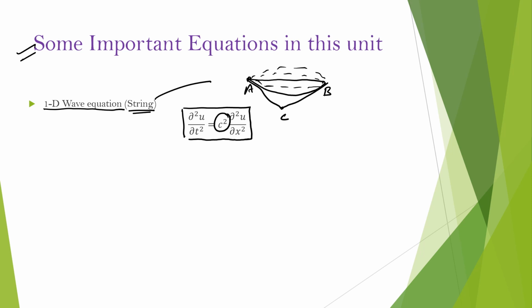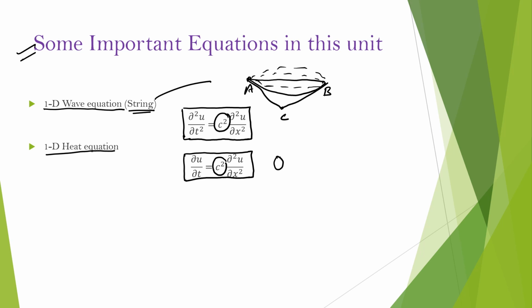Second is the 1D heat equation, represented by del u by del t is equal to c square del square u by del x square. Again, c square depends upon the material of the model. This is the 1D heat equation.